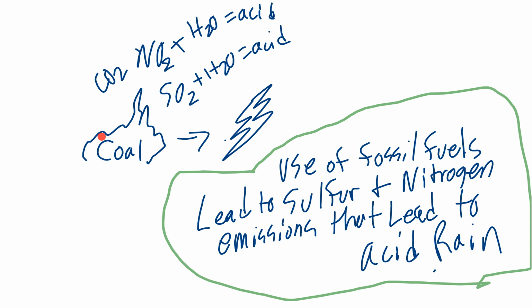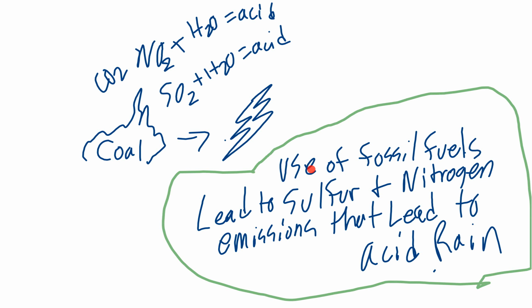When we burn coal, that produces carbon dioxide, nitrogen oxides, and sulfur oxides. And these compounds, this is a greenhouse gas. CO2 is a greenhouse gas. But these compounds, they can actually chemically combine with H2O and form acids like nitric acid and sulfuric acid. Okay?